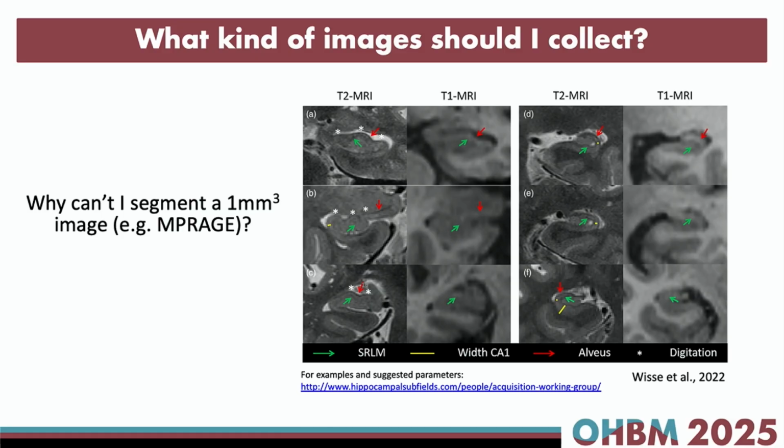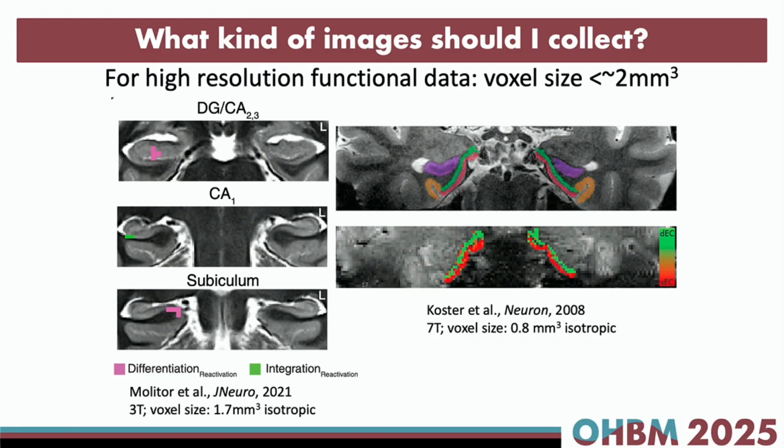You need something that gives you fine enough resolution so that you can see that dark band, the SRLM, as well as other features of the hippocampus like the dentations on the top of the hippocampus. That's really only visible when you have a resolution high enough to visualize those important structures that we think might be meaningful.